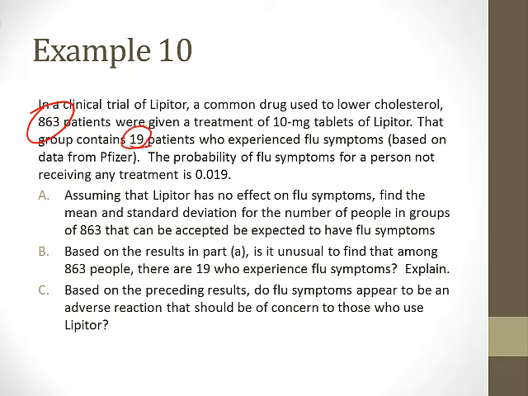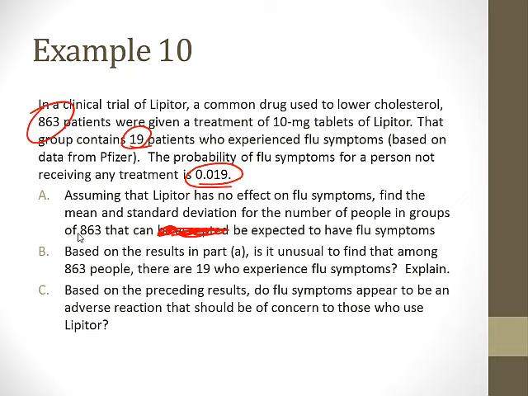The probability of flu symptoms for a person not receiving the treatment is 0.019. Assuming Lipitor has no effect on flu symptoms, find the mean and standard deviation for the number of people in groups of 863 that can be expected to have flu symptoms.